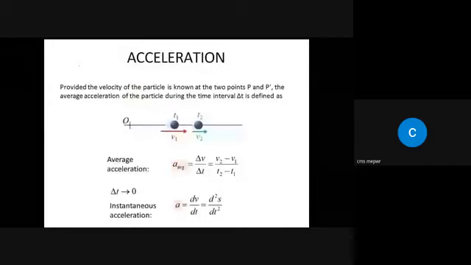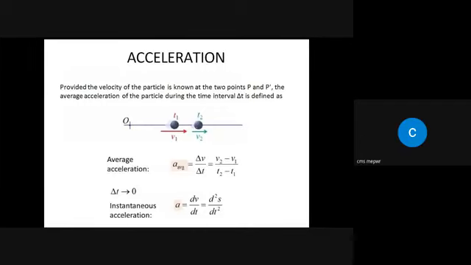Okay, now acceleration. As we already know, acceleration is the change in velocity per unit time, or the rate of change of velocity. Provided the velocity of a particle is known at 2 points, for example, this point 1 and the other one is point 2.